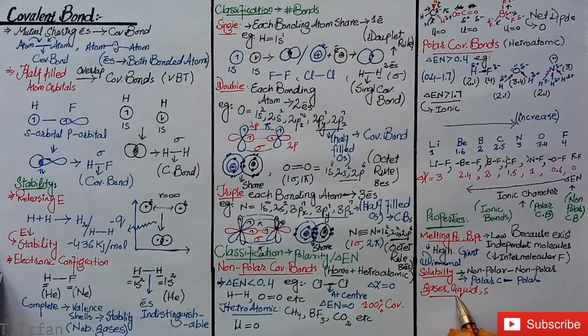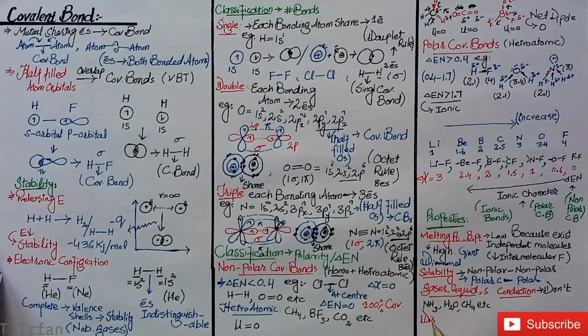Covalent compounds mostly exist in the state of gas or liquid, like ammonia, water, CH4, etc. Covalent compounds do not give ions in aqueous solution, so they don't conduct electricity. And covalent compounds have directional forces unlike ionic compounds which have non-directional forces.